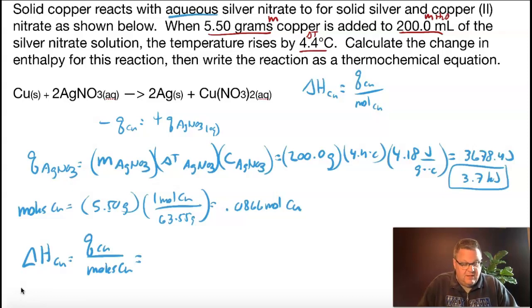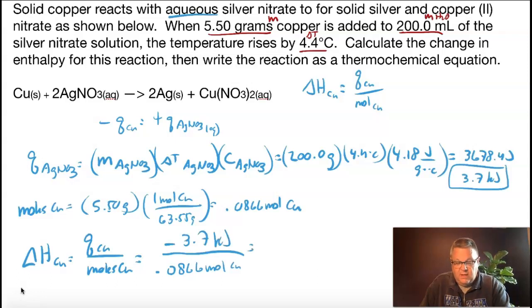For moles of copper, I'm taking 5.50 grams of copper times the atomic weight of copper to get the number of moles of copper. When I plug those numbers in, I get 0.0866 moles of copper in the denominator, and negative 3.7 kilojoules in the numerator.